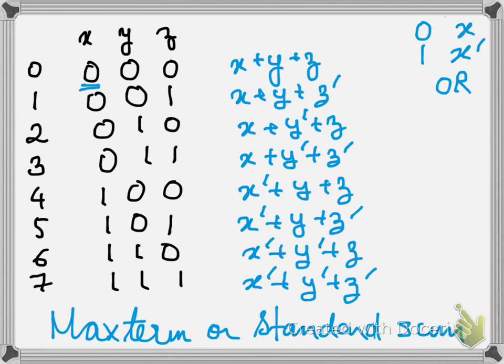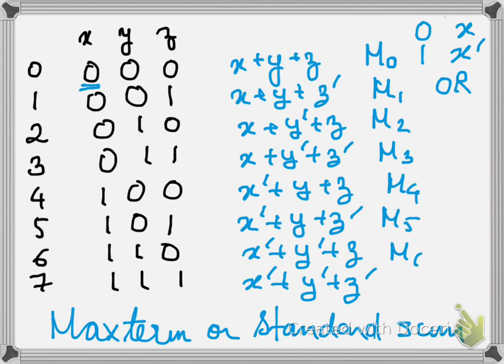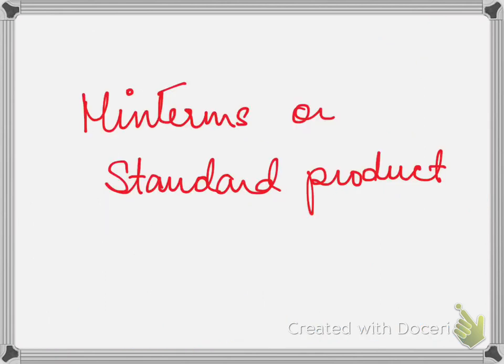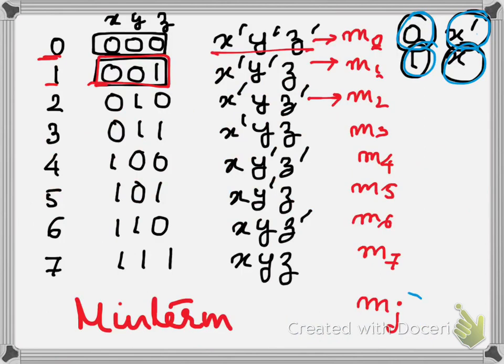And each of these are denoted by capital M0, capital M1, capital M2, M3, M4, M5, M6, and M7. So our max terms are denoted by capital M subscript j, whereas our min terms were denoted by small m subscript j. So let us see how it works for a function.